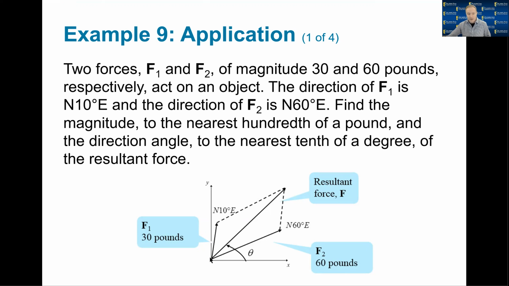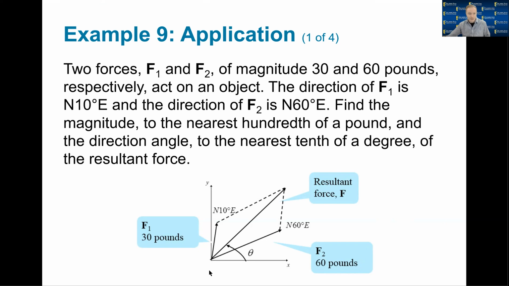I kind of like the way I've drawn it here with the two forces out individually, F1 and F2, and we know the resultant force is somewhere in between the two. Just using some common sense, I would think the resultant force should be more towards F2 than F1, because F2 is a 60-pound force and F1 is just a 30-pound force.